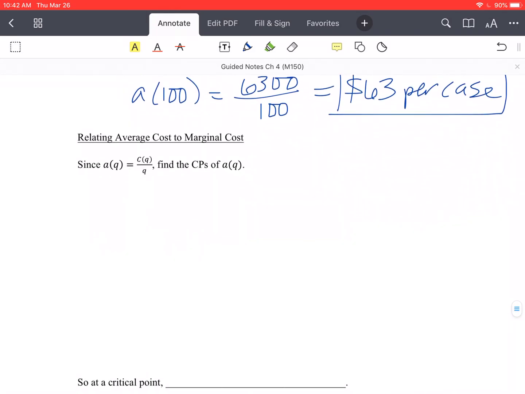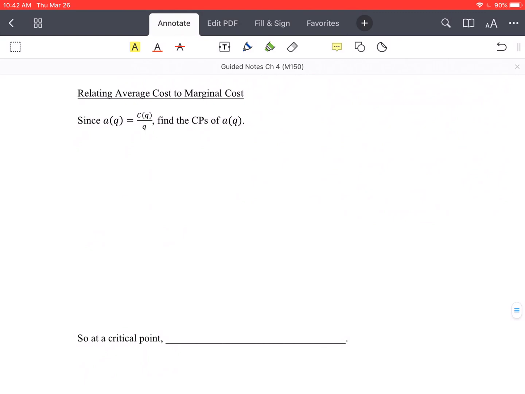Now, average cost can actually be related to marginal cost. So I want to take a look at the average cost function, and let's find the critical points of this function. So we need to take the derivative, set it equal to 0, and find what happens there. So we're going to do A prime of q.